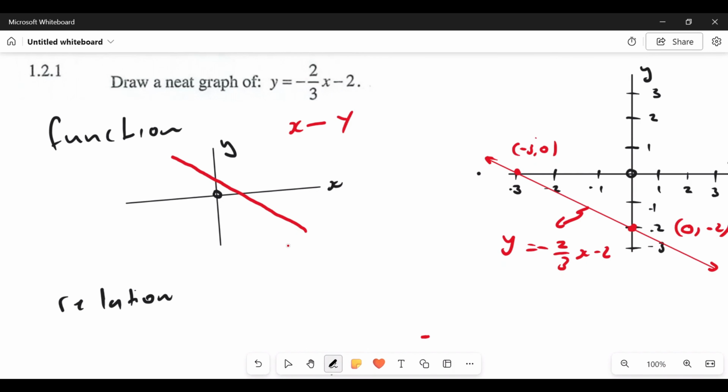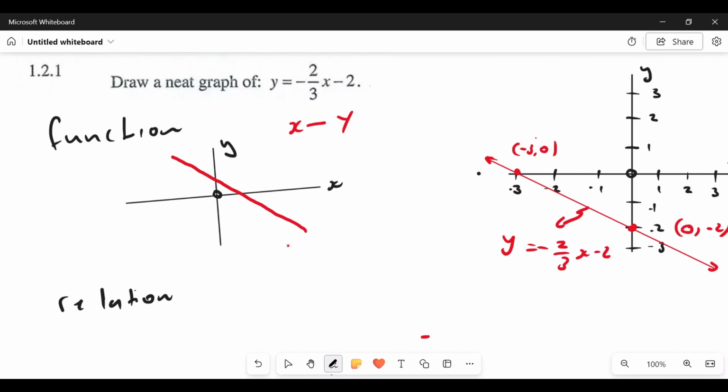Here's what I mean. Let's say this is 3 for x. If we draw a vertical line on x equals 3 that passes through the graph, it's going to give us one y value. In this case, let's just say negative 2, meaning 3, which is x, is giving us negative 2.